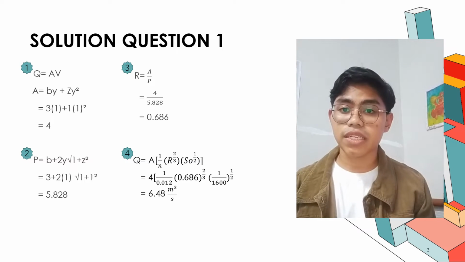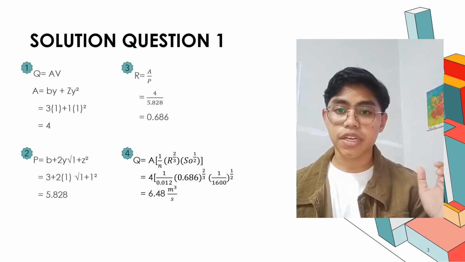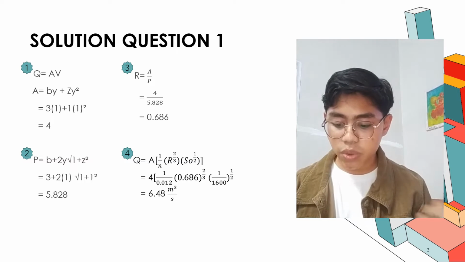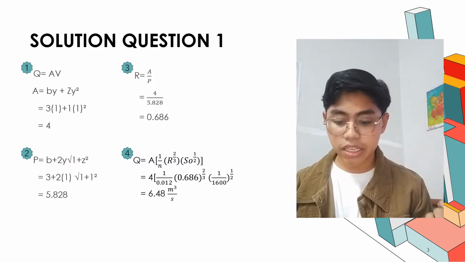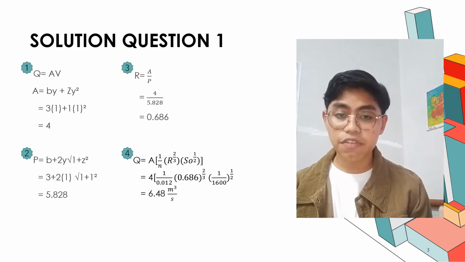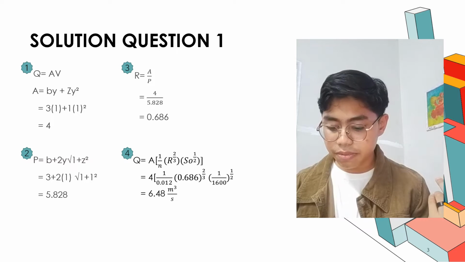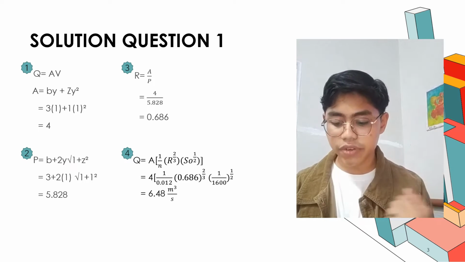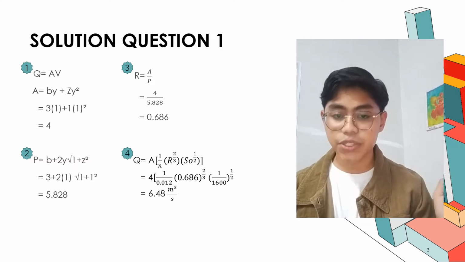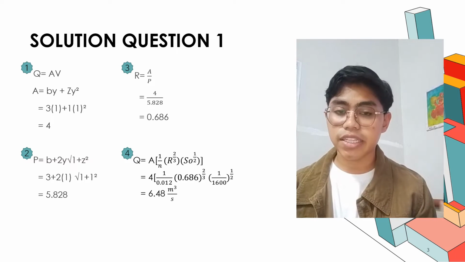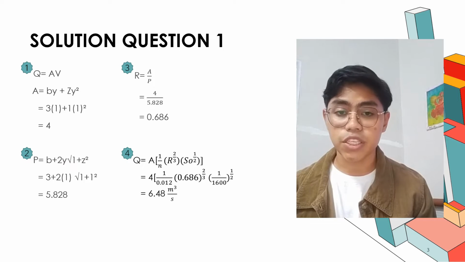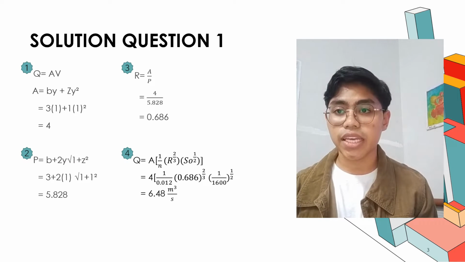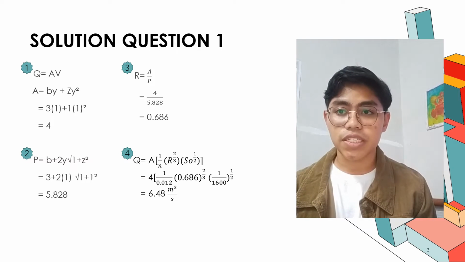First of all, we must identify all the needs of the Manning equation, which are the Q flow rate, n the Manning coefficient, A flow area, R hydraulic radius, and I for the channel slope. So based on the data given, first we have to identify the flow rate, which is Q. Q equal to A times V.